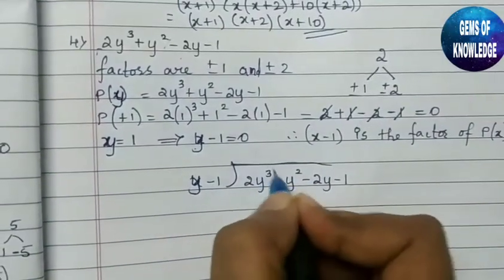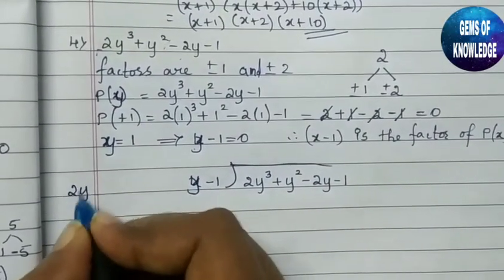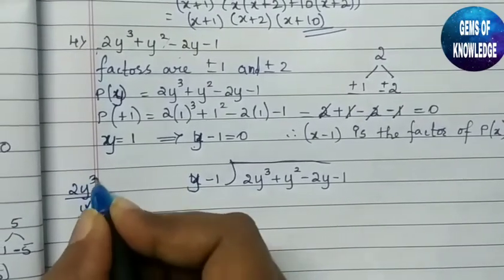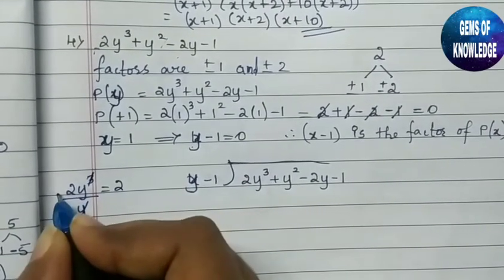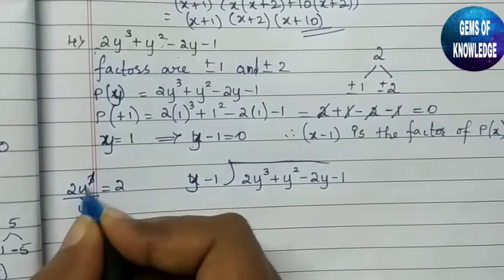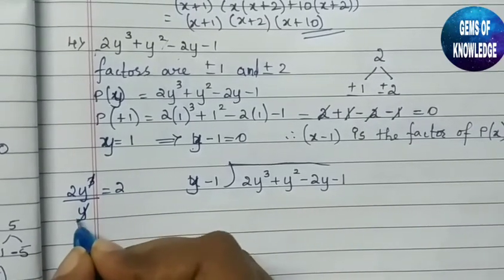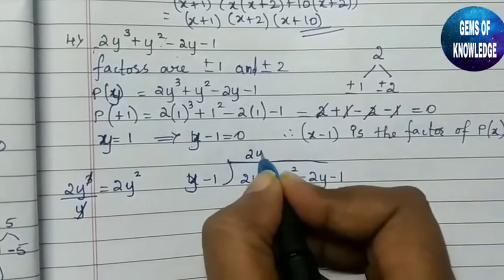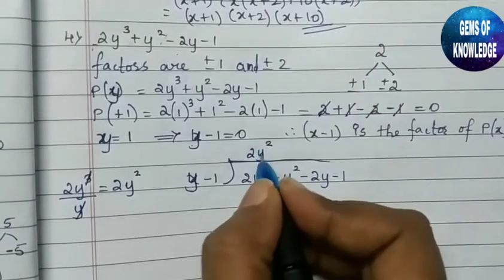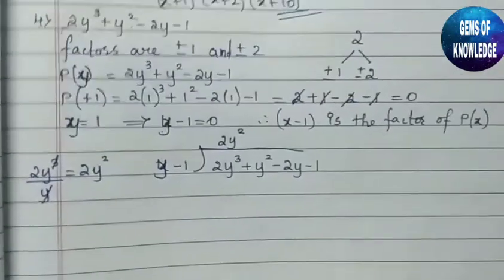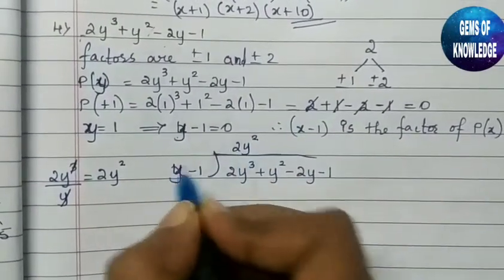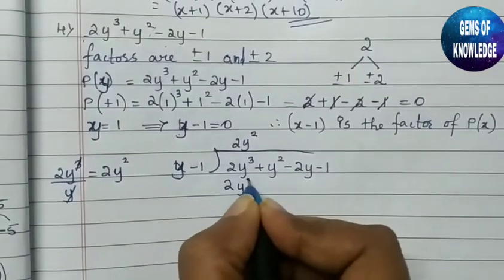Okay. Now 2y cube must be divided by this y. So what you are getting? 2 will be as it is and y cube was there. So if you remove one y from here, you will get y square. So let me write 2y square. Okay. Now you need to multiply this. 2y square into y again, you are getting 2y cube.